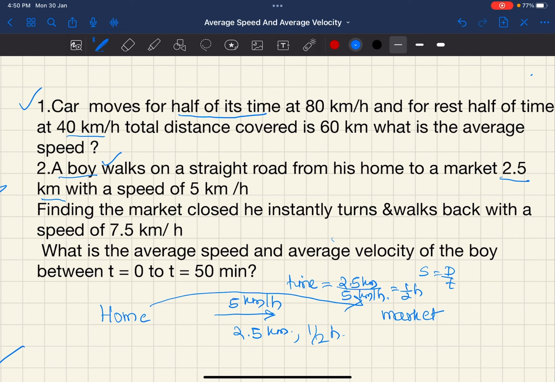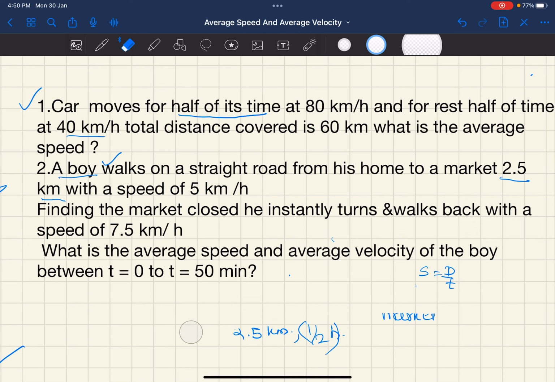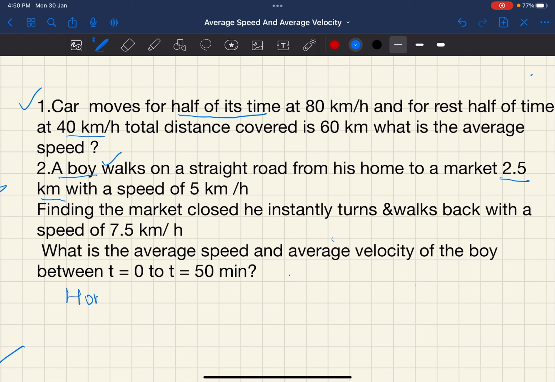Now what he does is that he comes back from the market to the home because he finds that the market is closed. So first he had gone from home to the market straight.